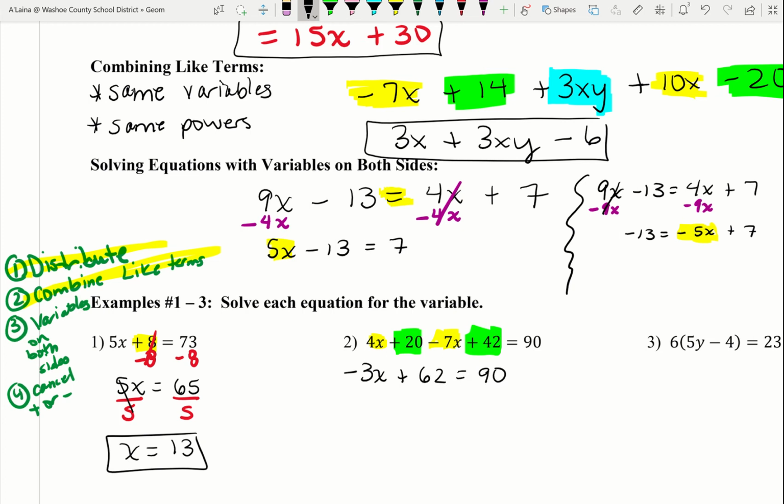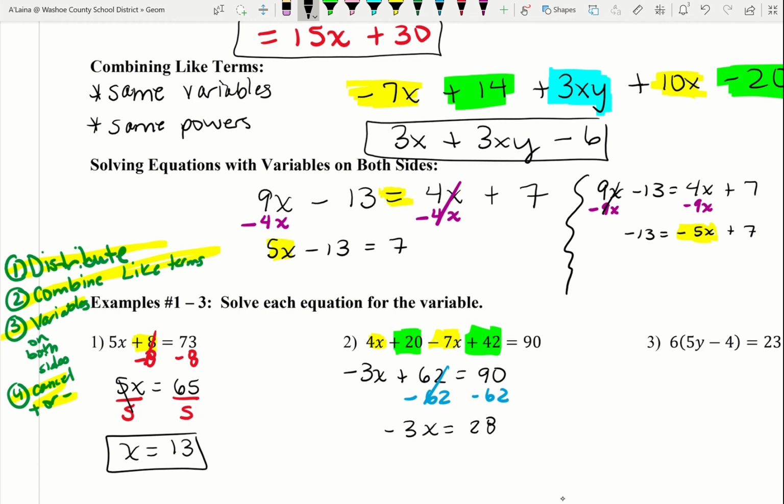I do not have any variables on both sides, so I'm going to skip that step. Now I'm going to cancel addition and subtraction, which is the next step. So I will subtract 62 from both sides and rewrite this. The equation is negative 3x equals 28.